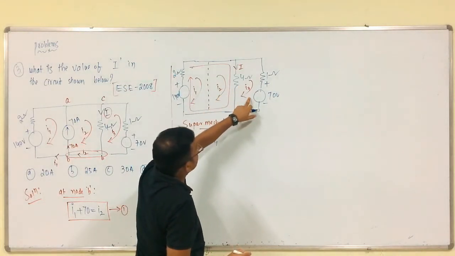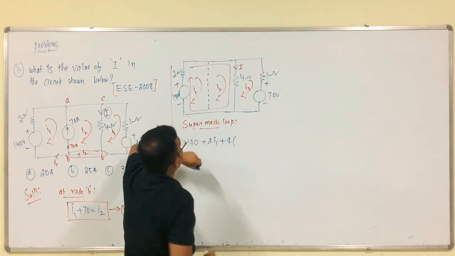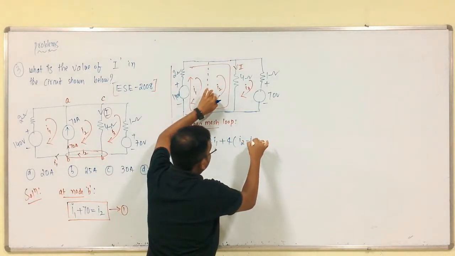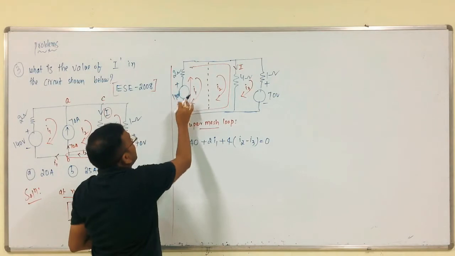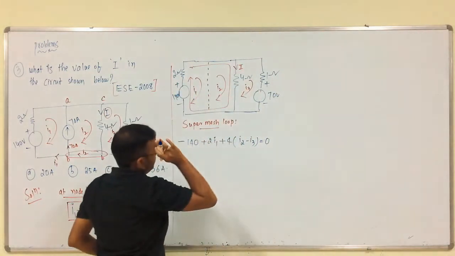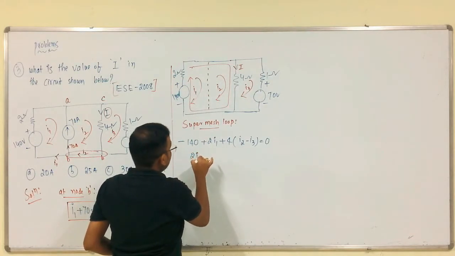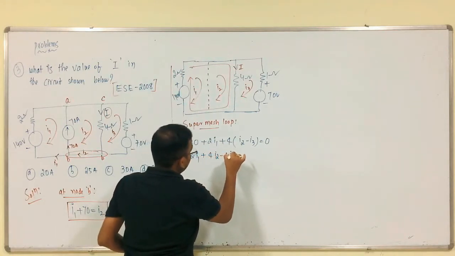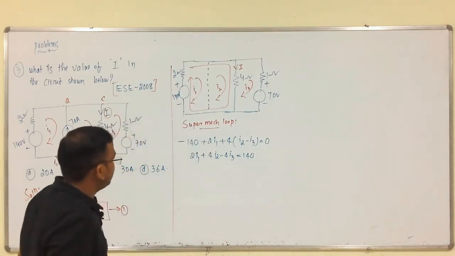I3 is also through this 4 ohms, so plus 4 into, writing with respect to this loop, I2 minus I3, which is equal to 0. Minus 140 plus 2 I1 plus 4 into I2 minus I3. So, 2 I1 plus 4 I2 minus 4 I3 is equal to 140.